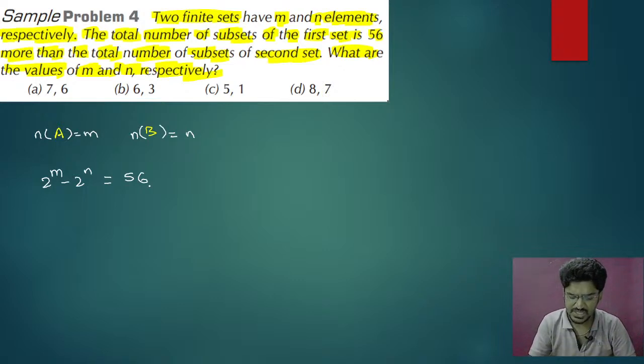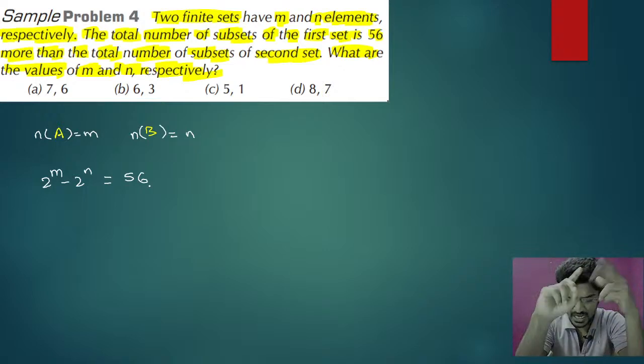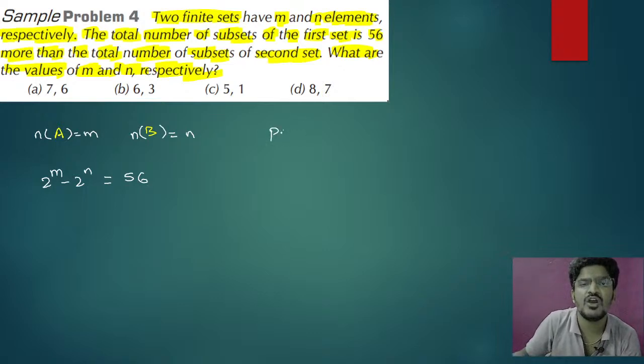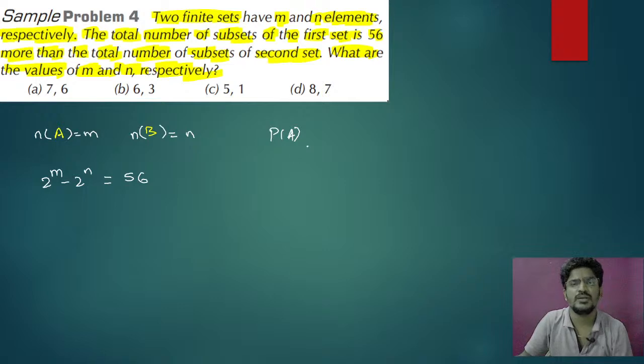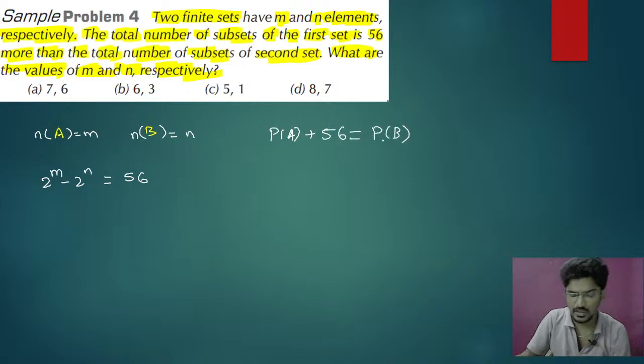There are two sets having m and n elements. Clear? So you can see here the total number of the subsets in the first set, that is P of A, power set of A, is having 56 more, that means plus 56, than in the power set of B. Clear?